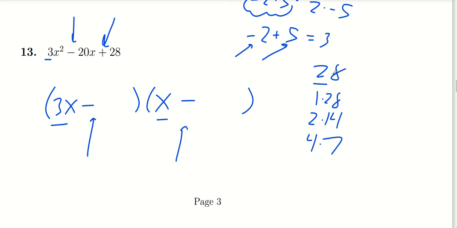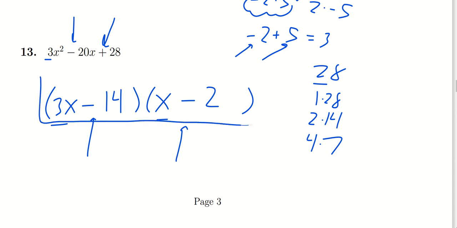And then it's not just the factors of 28 now to make 20. It's the factors of 28 in combination with a factor of 3 and 1 that we need to use to make 20. The right order is going to have to be a 3 times 2 to get 6, and a 14 times 1 to get 14, and then the 6 and the 14 will give us a 20.